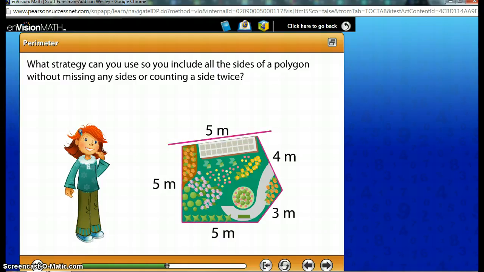What strategy can you use so you include all the sides of a polygon without missing any sides or counting a side twice? I know what I would do. What would you do, Grant? Make sure you didn't double count something.